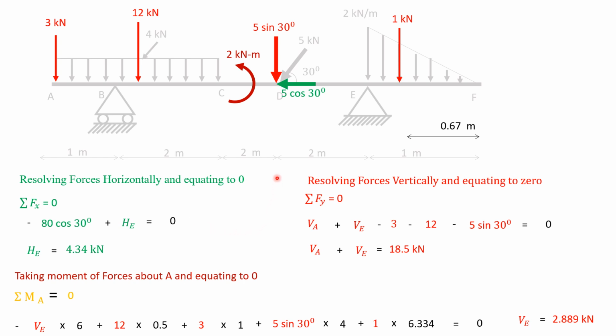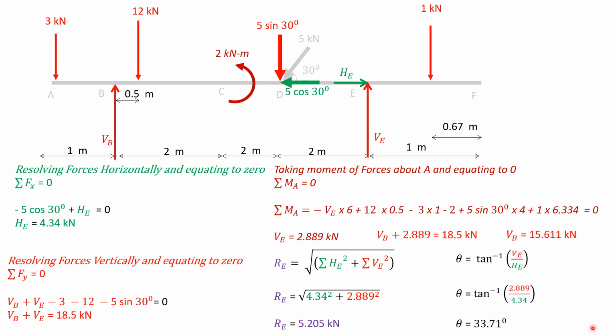We have resolved forces horizontally and equated to 0, and we got HE value. We have resolved forces vertically and equated to 0, and got equation in VB and VE. We have taken moment of all forces about point B and we got VE value, and so we substituted VE value in this equation and get VB value.